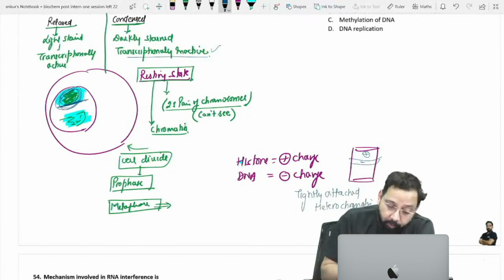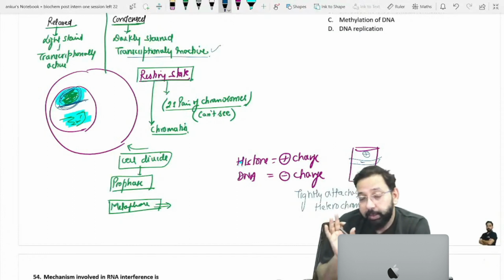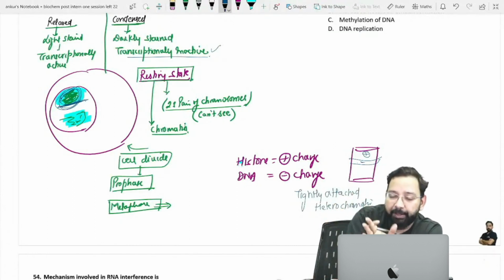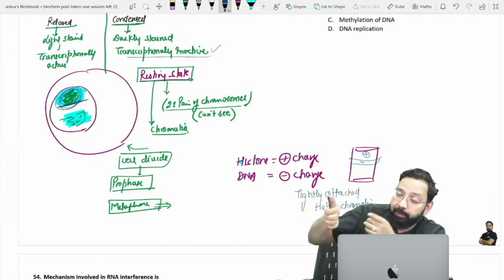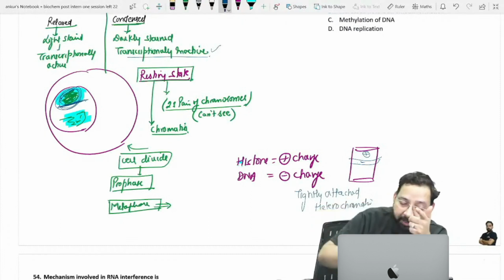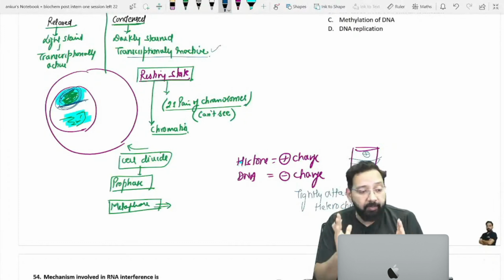Suppose there are so many genes in our nucleus, only a few genes are expressed which are required, other genes are kept in inhibited state. And how are they kept in inhibited state? One mechanism is that we may keep them in heterochromatin. In heterochromatin, genes are kept in inhibited state.